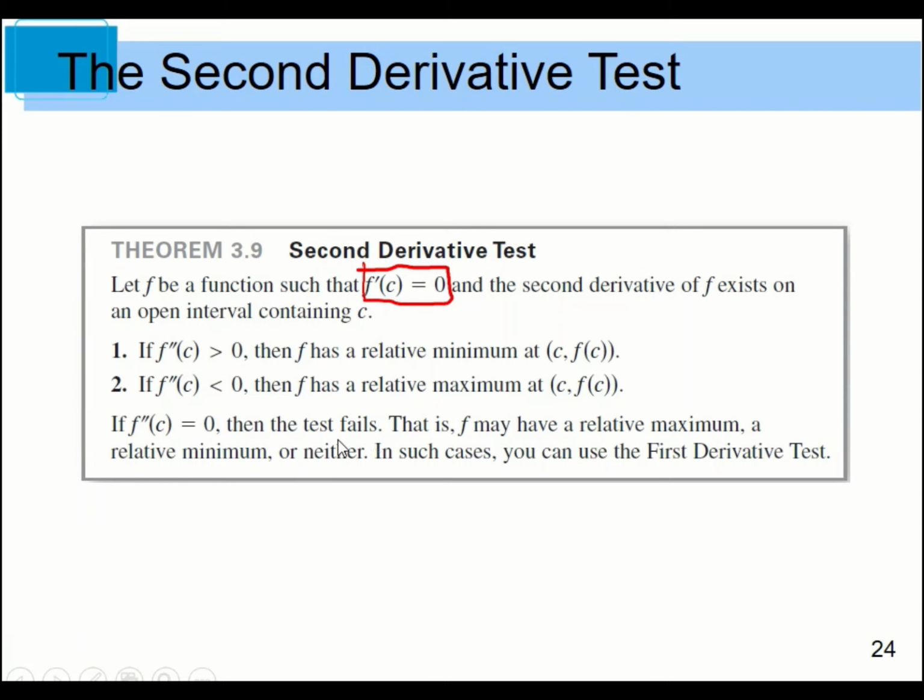We cannot tell whether this is a maximum or minimum, so f may have a relative maximum, a relative minimum, or neither. In such a case, you can use the first derivative test to see if this point is a relative maximum, relative minimum, or neither.